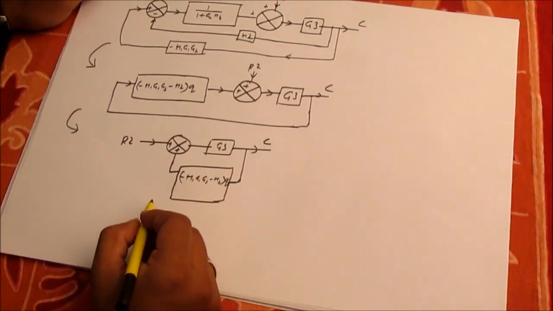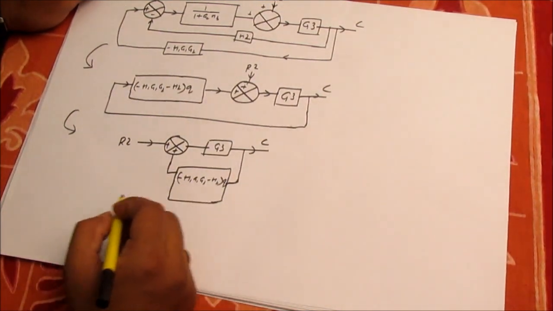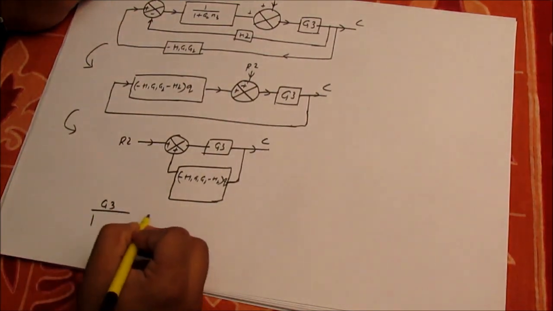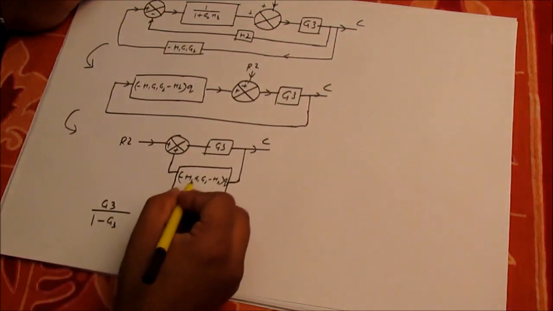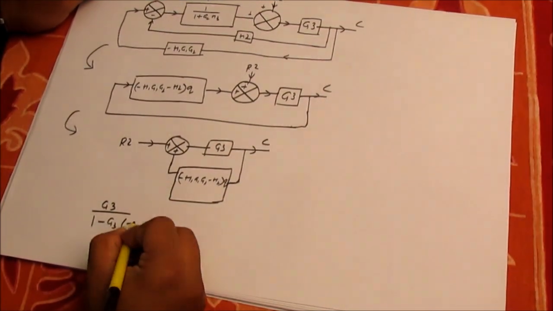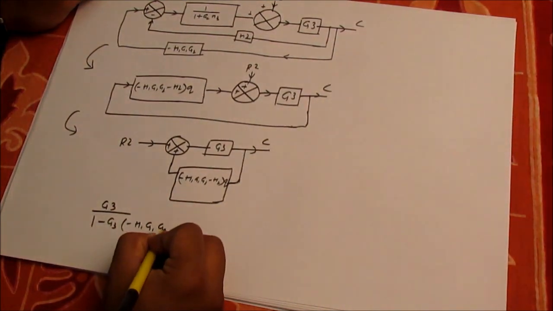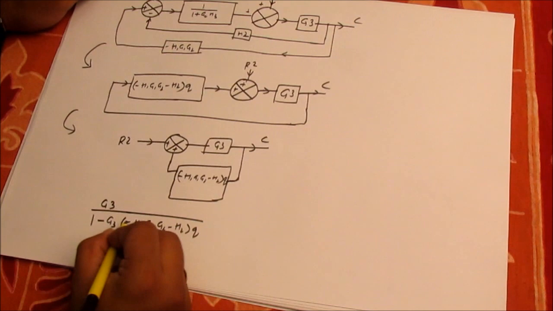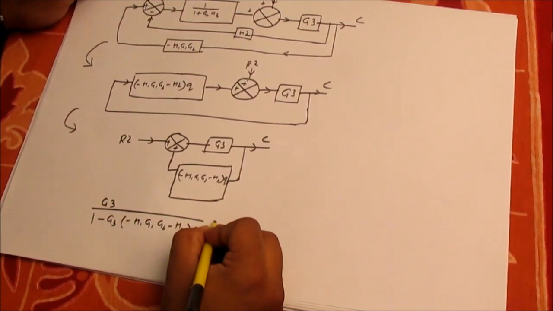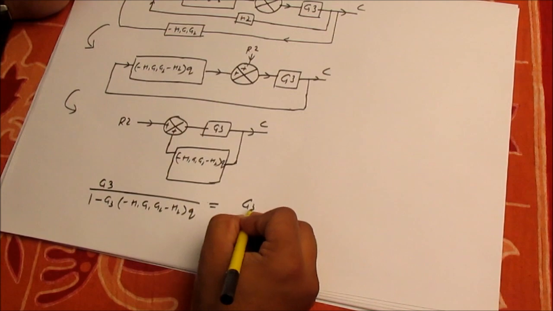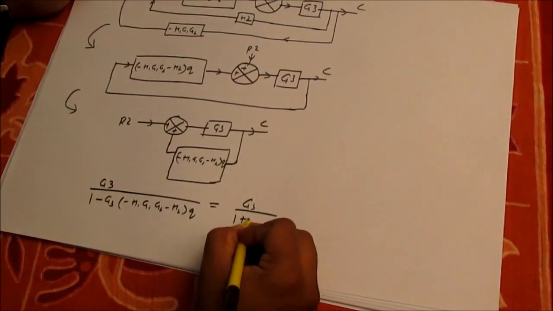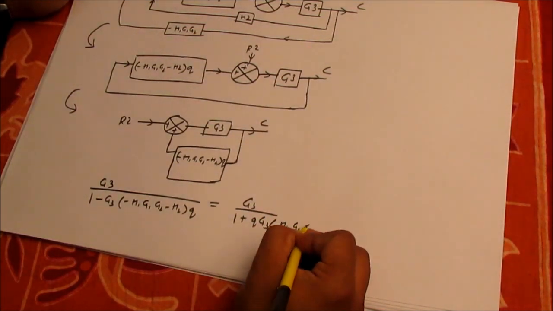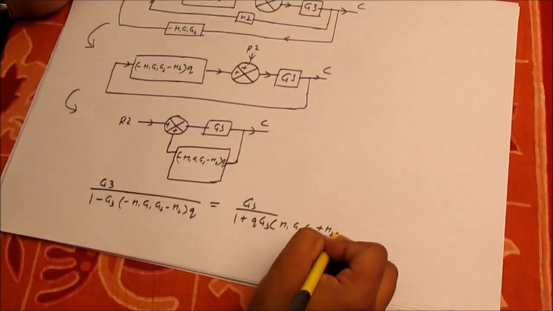So the equivalent transfer function will be G3 divided by 1 minus G3 into this H. This H is minus H1 G1 G2 minus H2 into Q. So here we have negative sign here, so they will cancel out with each other. So I will get G3 divided by 1 plus Q into G3, then H1 G1 G2 plus H2.